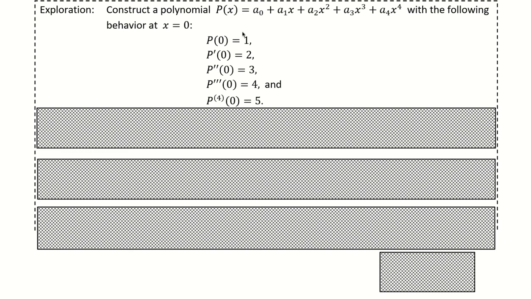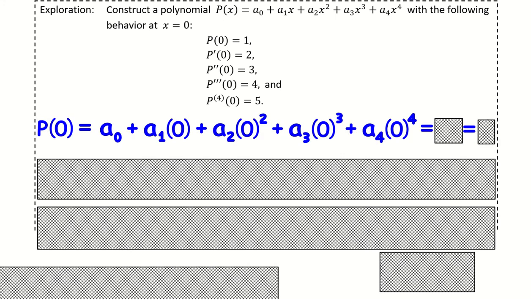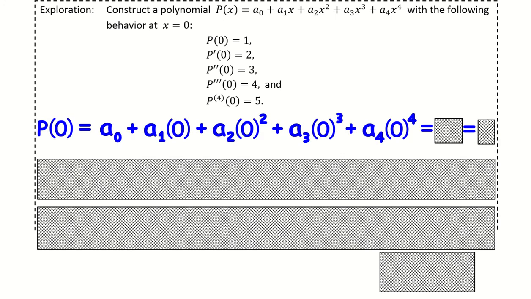So I think we're going to start with just straight up plugging in 0 to p of x. So plugging in 0 for all of the x's, right? And all of this is supposed to equal 1, right? p of 0 is supposed to equal 1.